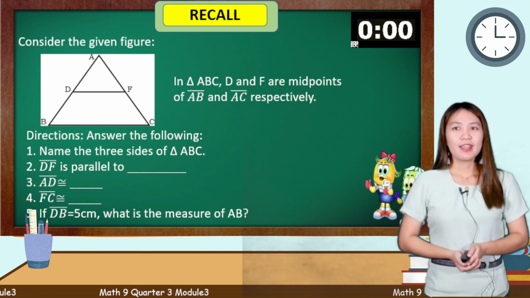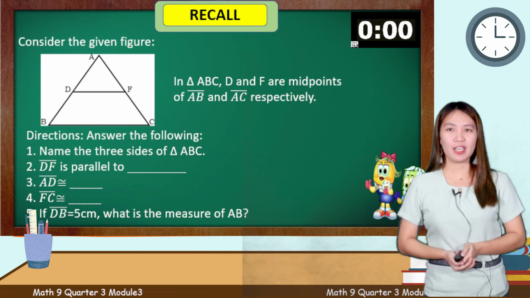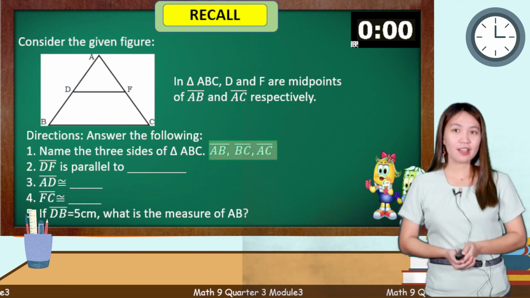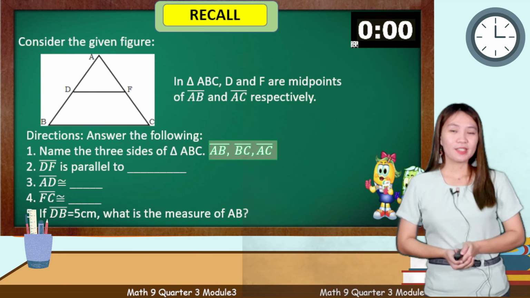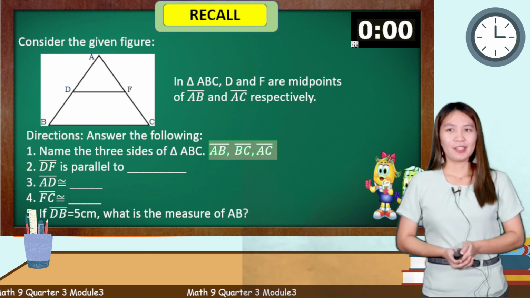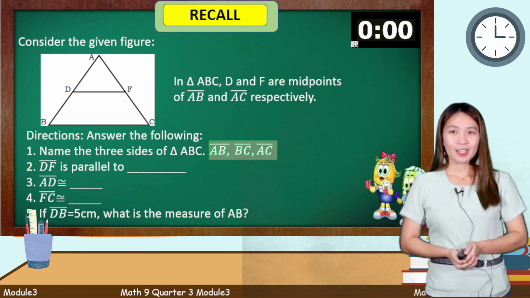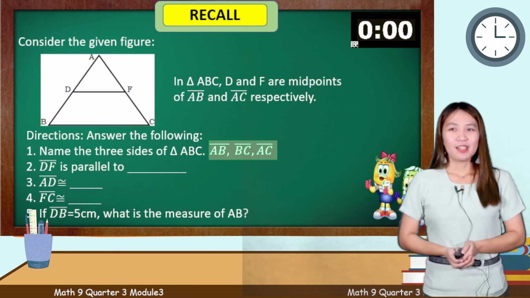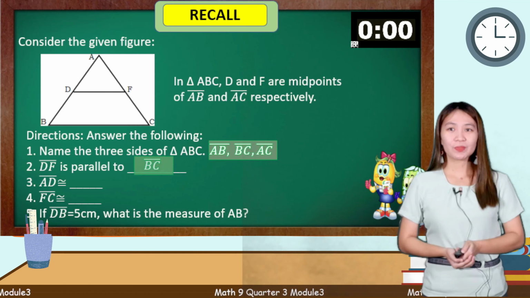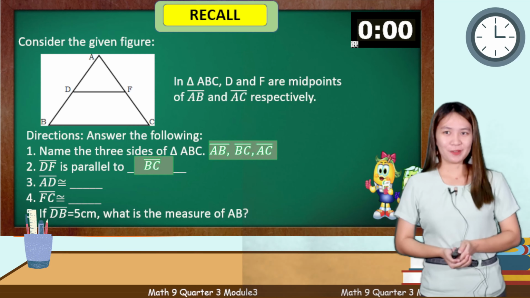Number 1. Name the three sides of triangle ABC. The three sides of triangle ABC are segment AB, segment BC, and segment AC. Did you get it right? Great job! Number 2. Segment DF is parallel to segment BC.